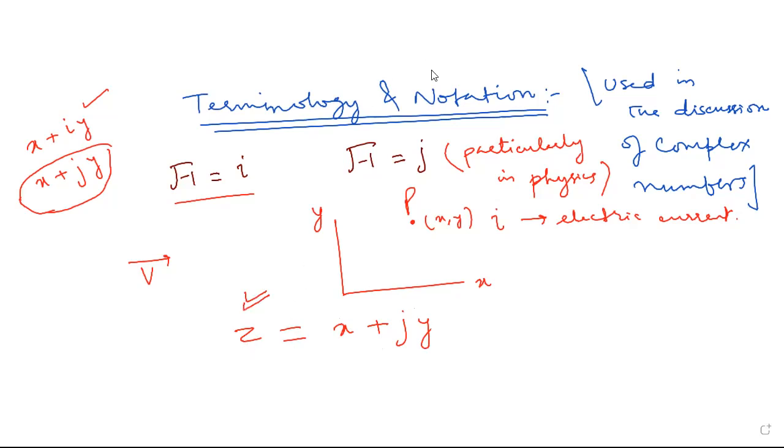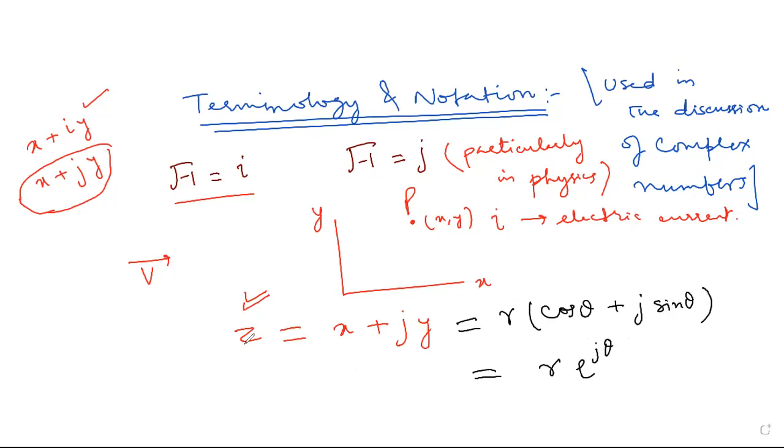So we write for a complex number x plus jy z, and we know we can write it in this form. This is rectangular form. We can write it in polar form, r cos theta plus, now I'm using j instead of i, j sin theta. Then we write it as r e raised power j theta, because you know e raised power j theta is cos theta plus j sin theta.